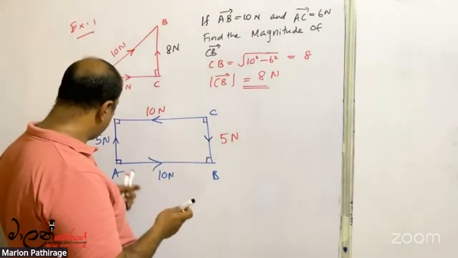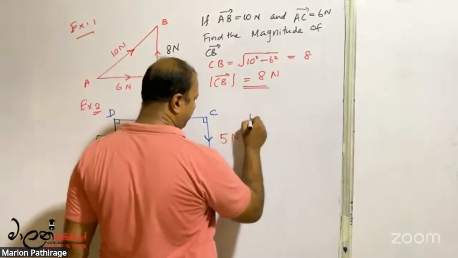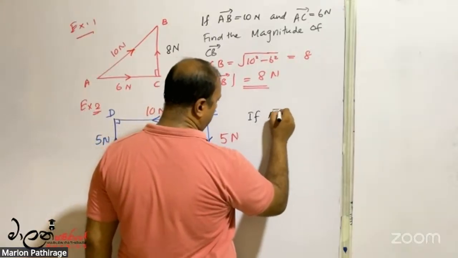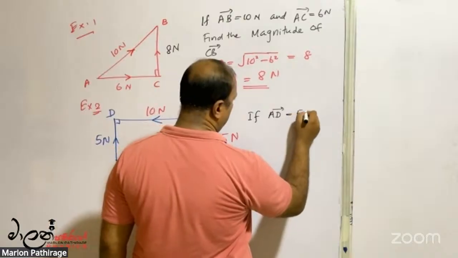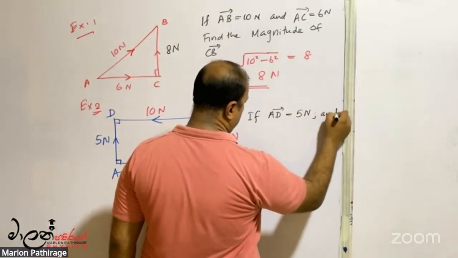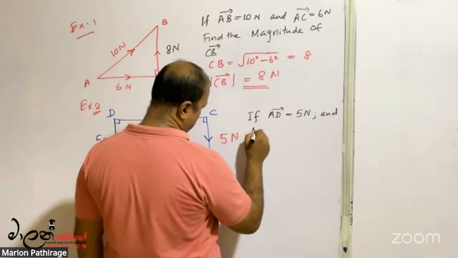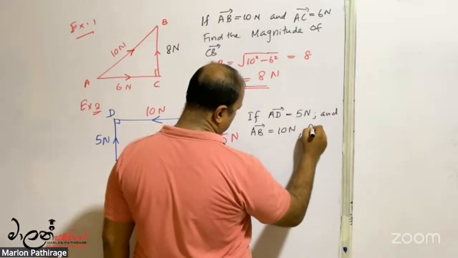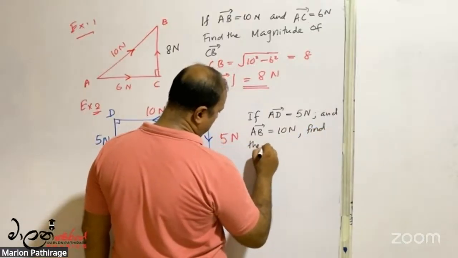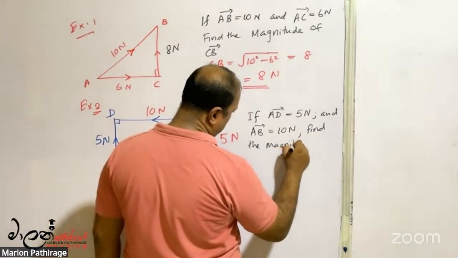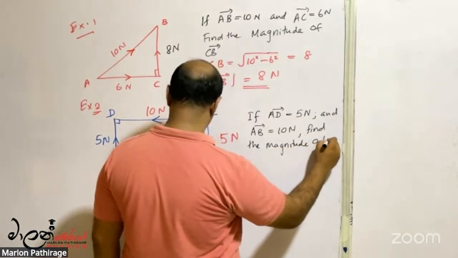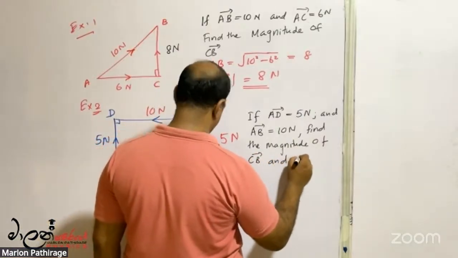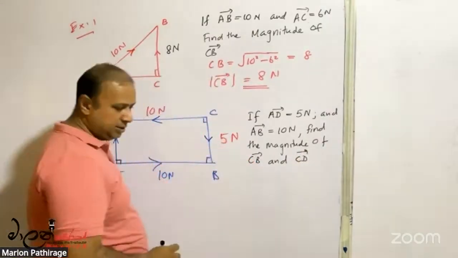Then we can write this one. If AD vector is 5 Newton and AB vector is 10 Newton, find the magnitude of CB and CD.